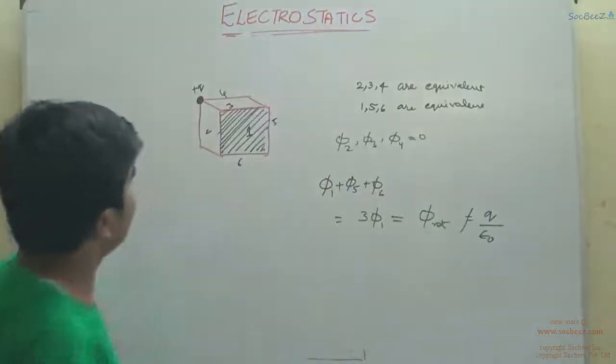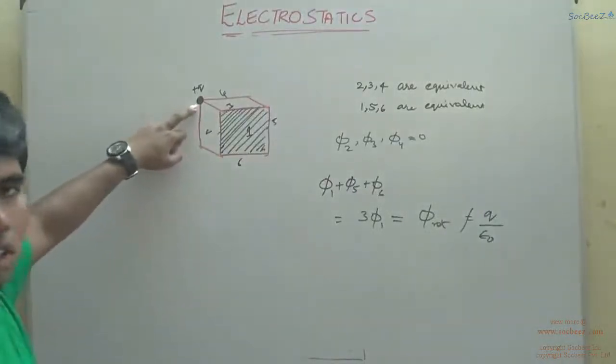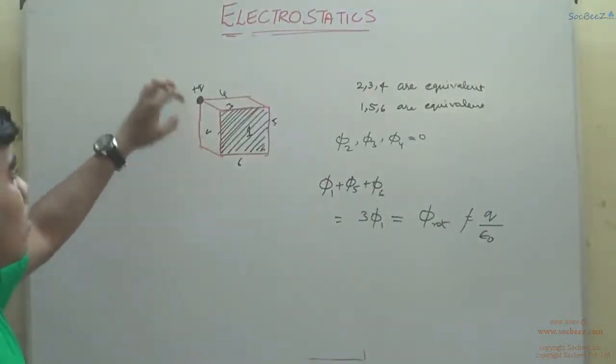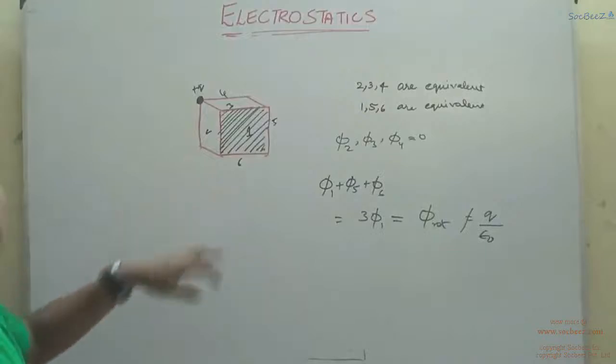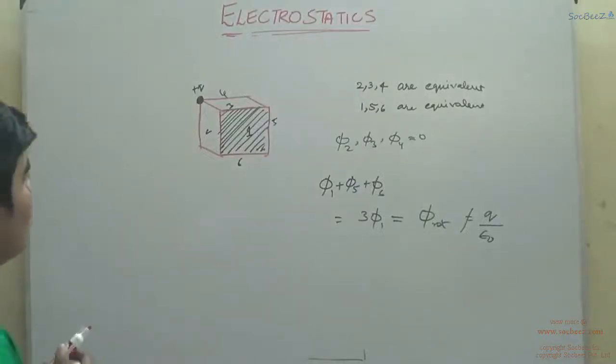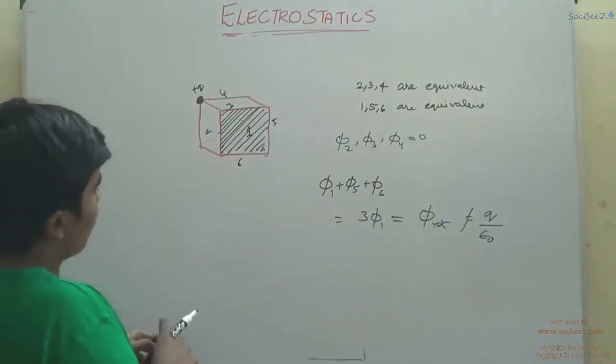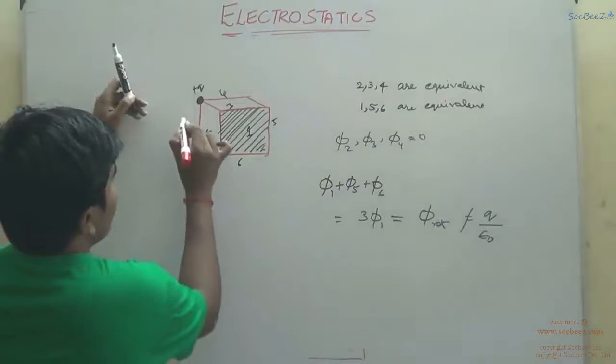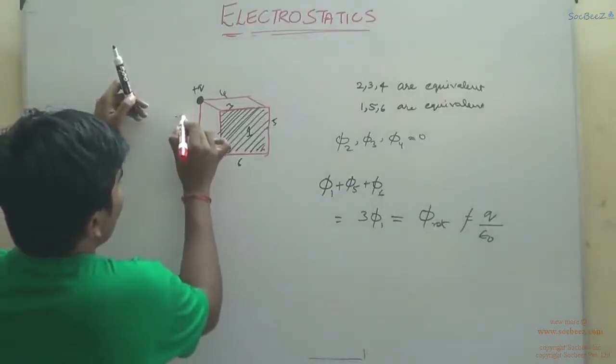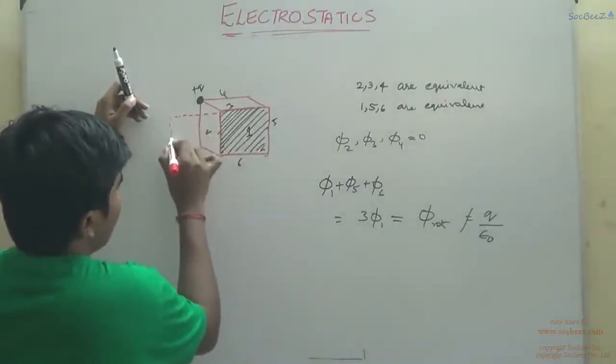Why is it not equal? Since it is at the corner, the charge is not totally enclosed. Some part of it is outside and some part of it is inside. So in this case, we try to make a figure in which the symmetry exists. So now we extend this figure.